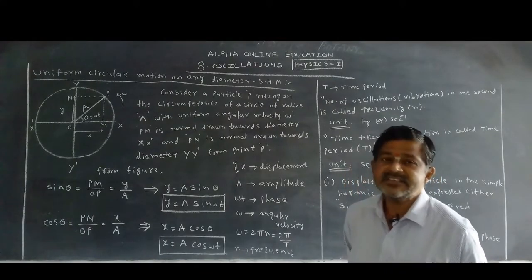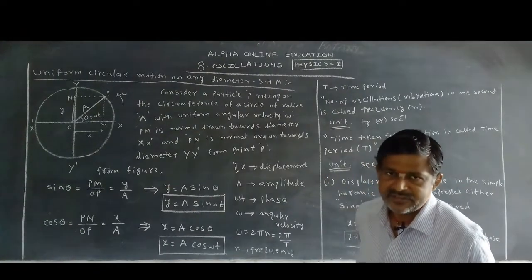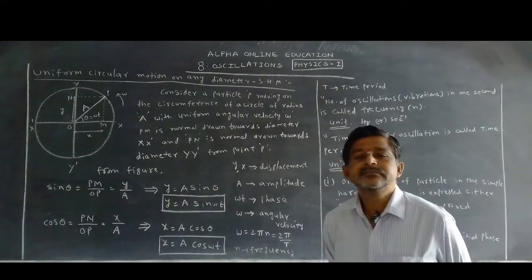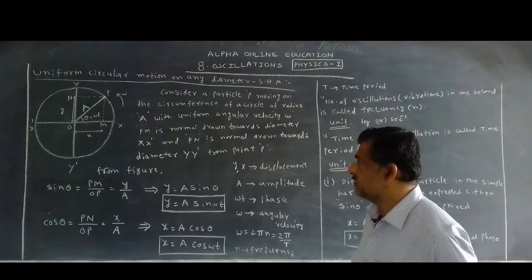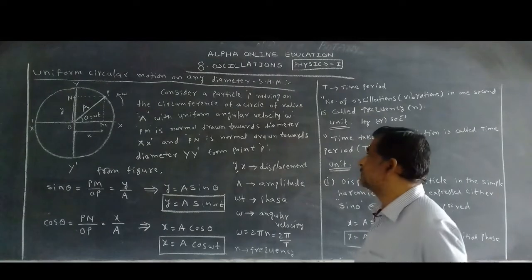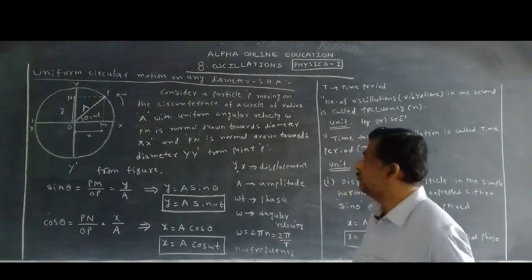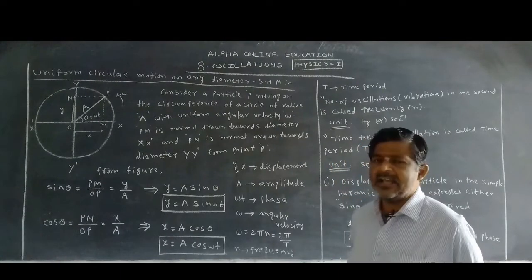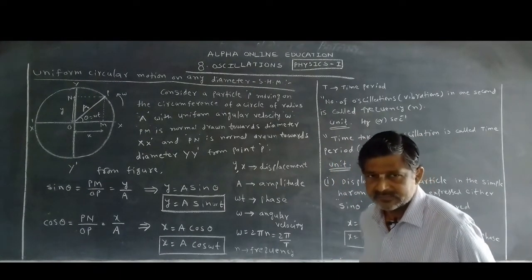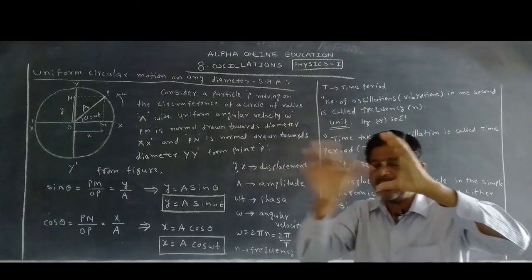In the previous class, we had discussed the definition of simple harmonic motion. You must write the definition. After that, show that a particle in uniform circular motion on any diameter, in the circle it is called diameter, like this is diameter.